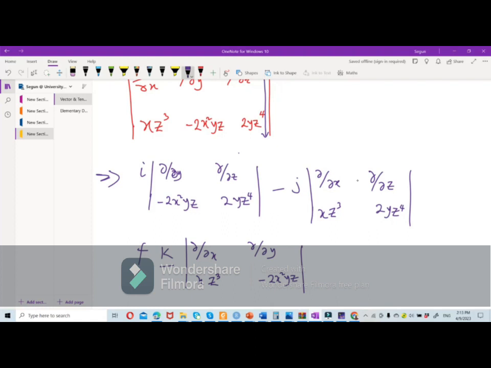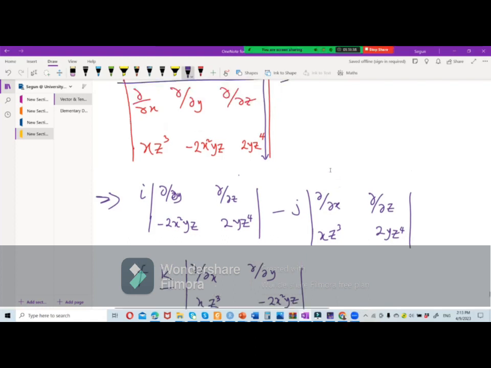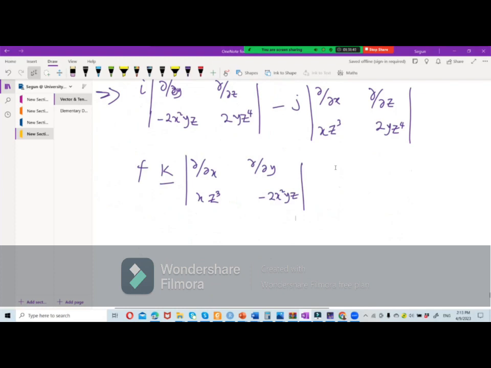Now we need to harmonize them. Our i is still here. Don't forget, we multiply this by this, minus this multiplied by this.